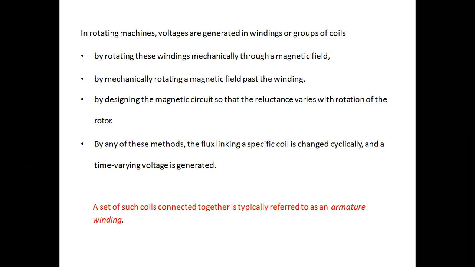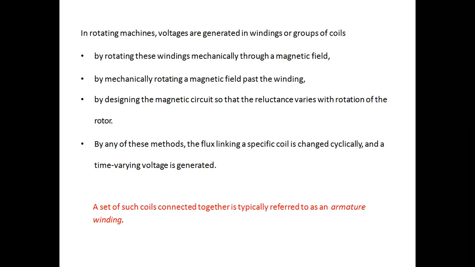At that time we can say that the magnetic field will cut the conductor and EMF will get induced according to Faraday's law. So by any of these methods the flux is changed, and as the flux is changed, a time varying voltage will get generated, and that voltage we are calling the generated EMF in the DC generator, or the back EMF that will be used in the DC motor.